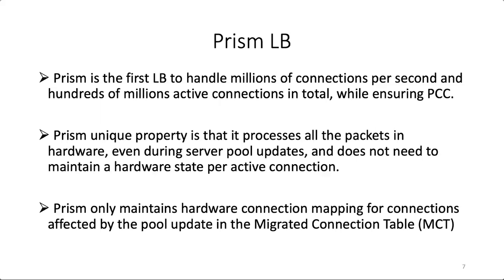We call the table which holds these mappings the Migrated Connections Table, the MCT. To ensure PCC during pool updates, Prism uses a special iterative algorithm where we copy all affected mappings into the MCT and prevent any connection from breaking.